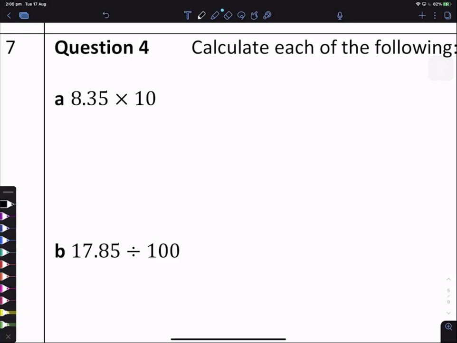I might type it in the chat. Can you please type your answer in the chat for part A? Yep. Thanks, Riley. Okay. All good.